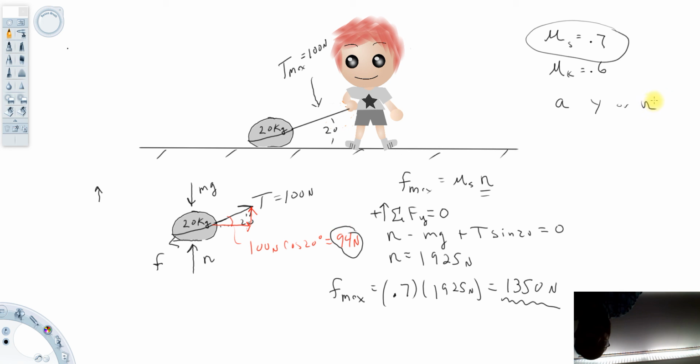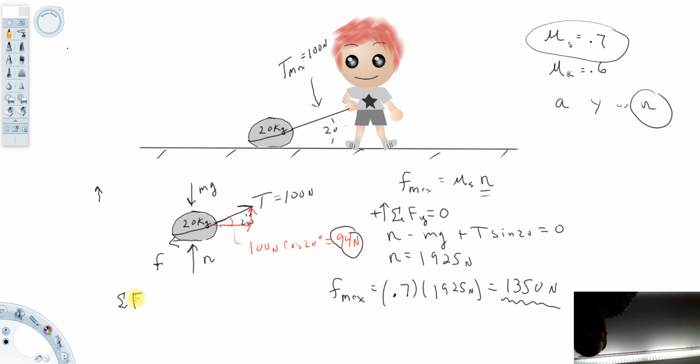Accelerating, yes or no? Now, keep in mind one thing everybody should know: what is the actual frictional force equal to in this problem? It's not this. This is the maximum possible frictional force. Actual frictional force we can get by writing the following force equation.